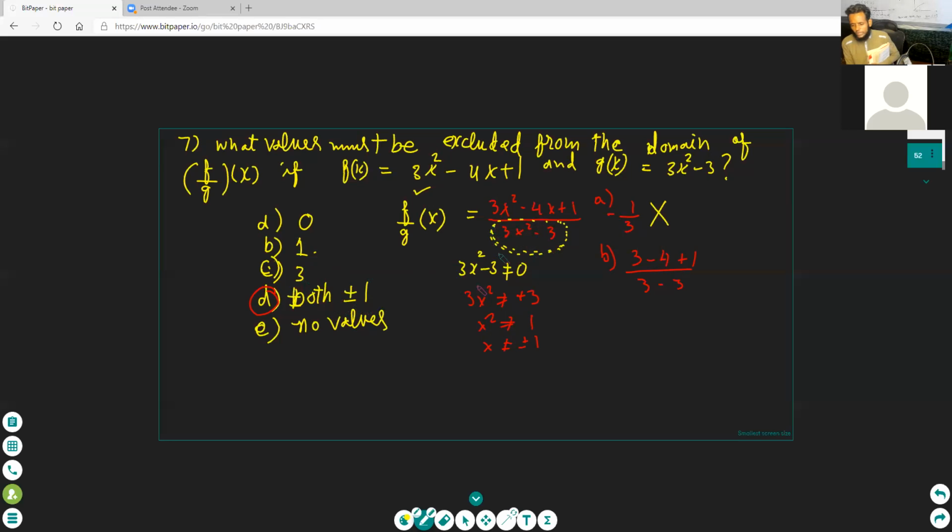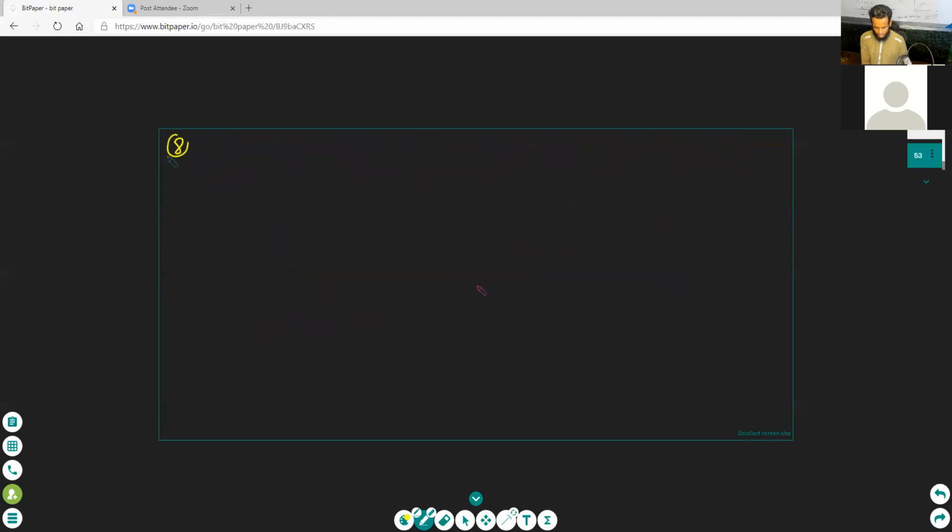So it is good for you to check it: put it not equal to zero, and then you get the value plus minus one. This set will be removed, minus 1 and plus 1. Clear?